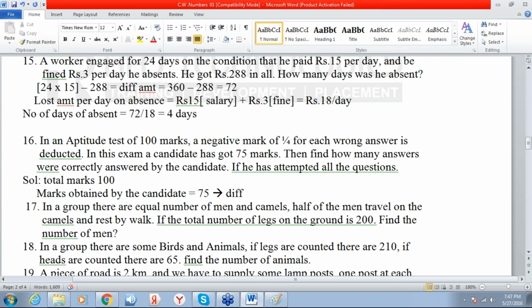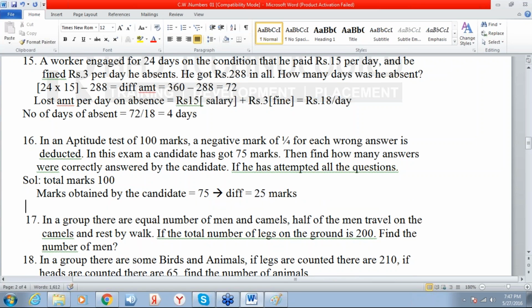So the candidate has got 25 marks less than the maximum marks, 100 minus 75.